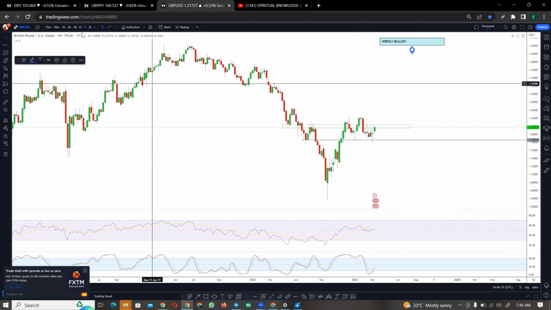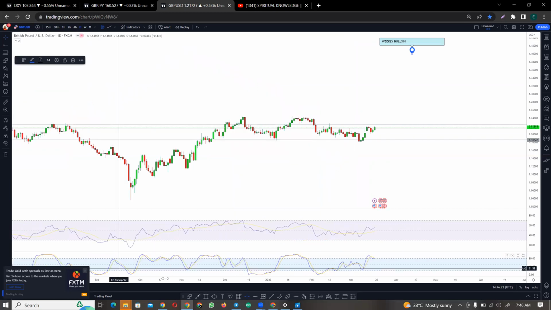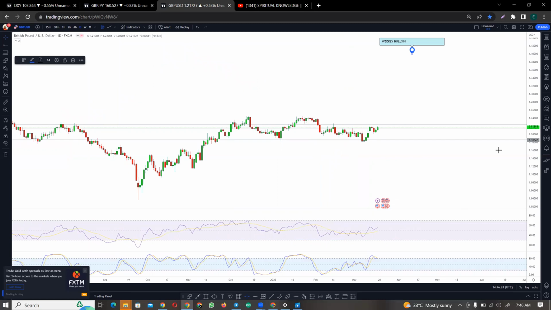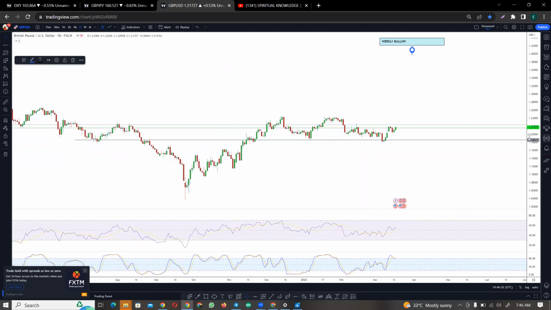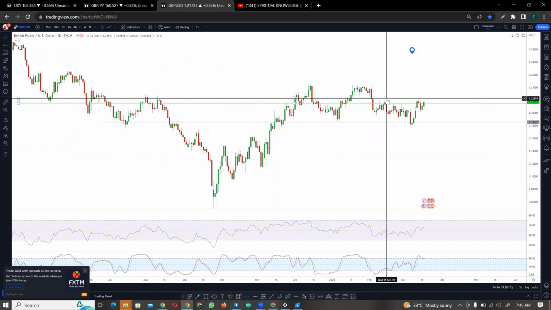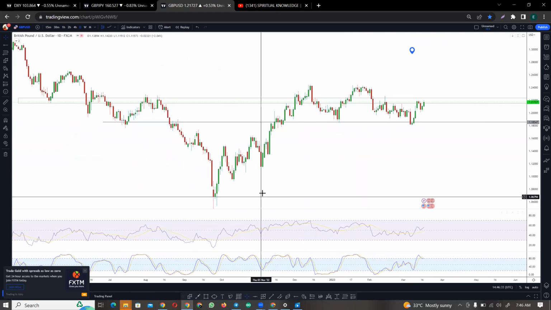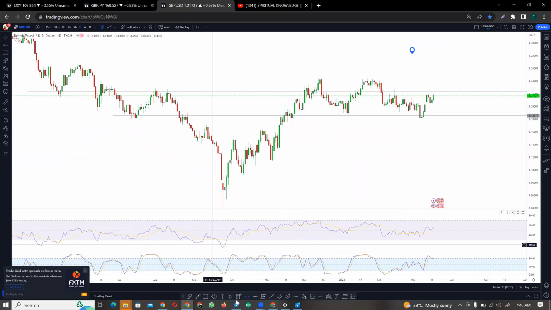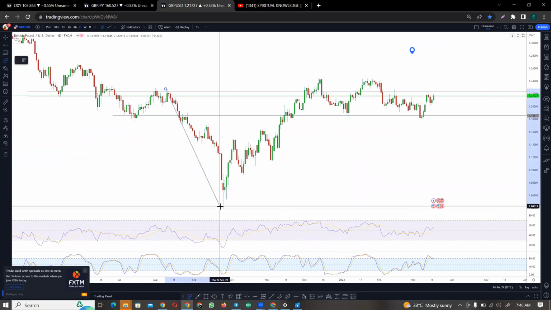Then on the daily time frame, let's just mark it out and see. This is the last low.